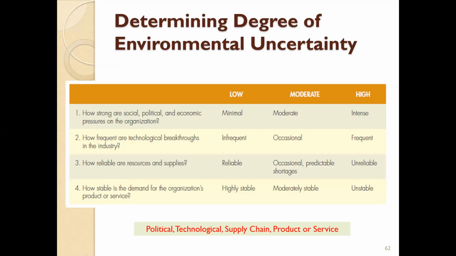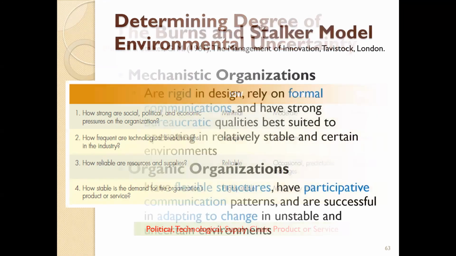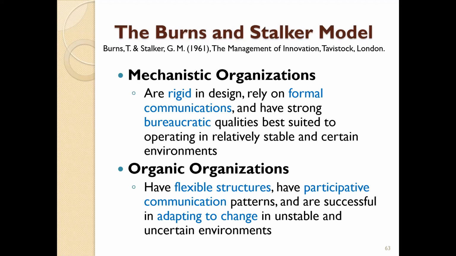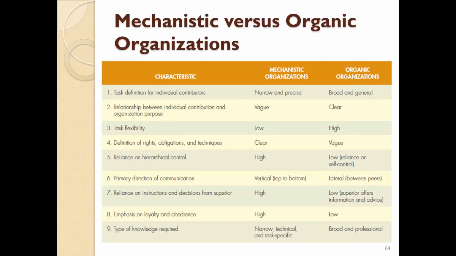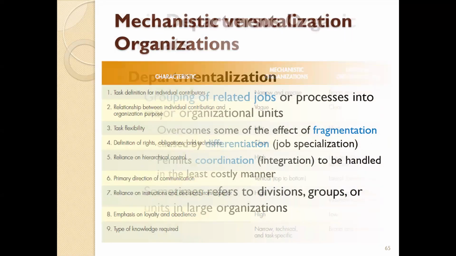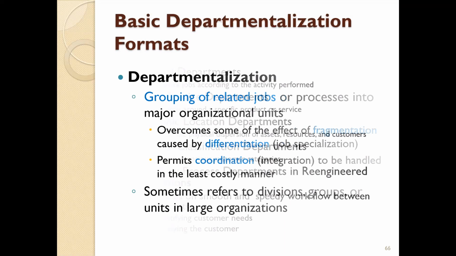Political, technological, supply chain, project, product or service. All those things are on this slide. Too much to talk about. Mechanistic organization, organic organization. I hope you read them when you get to them. I'm not going to dwell on them too long.